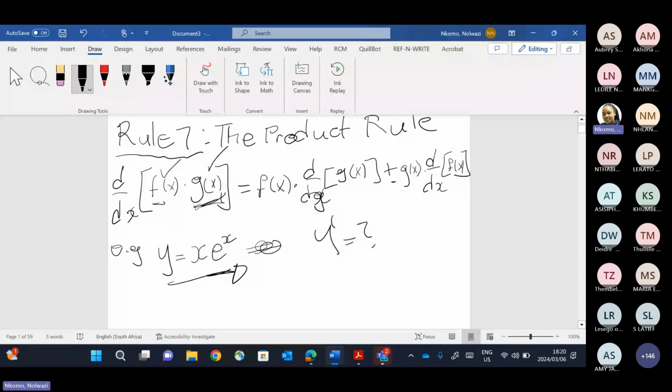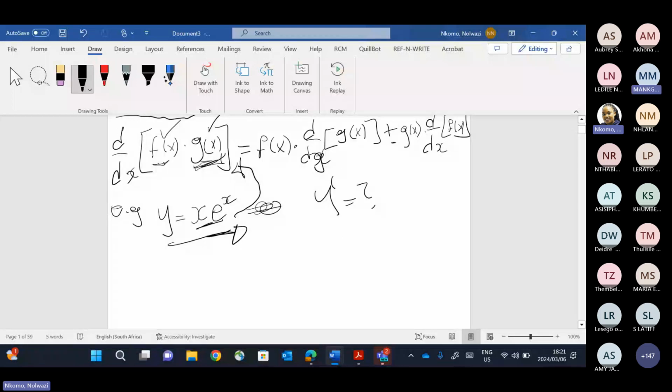You see we have the product of two functions, x and e to the power x. Then you compare this to our formula. If you compare these two, you can let f at x be x, and then let g at x be e to the power x.